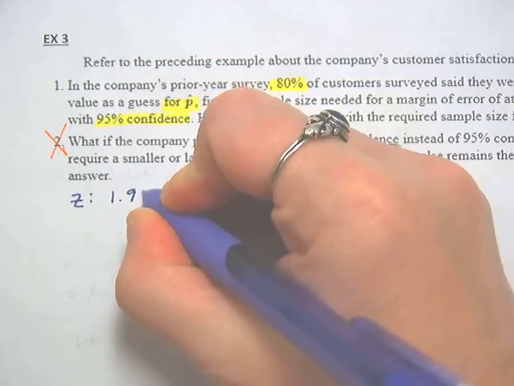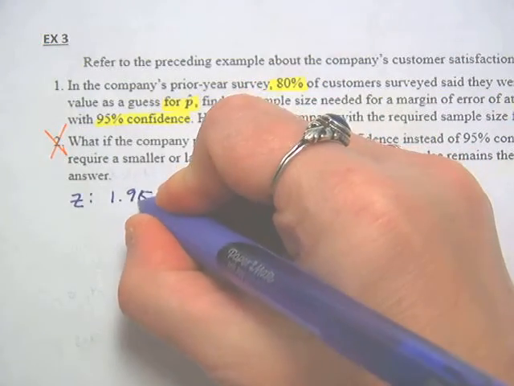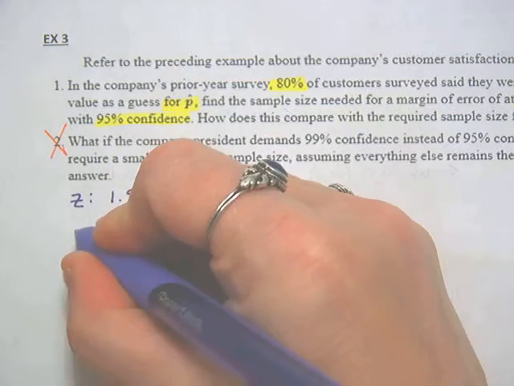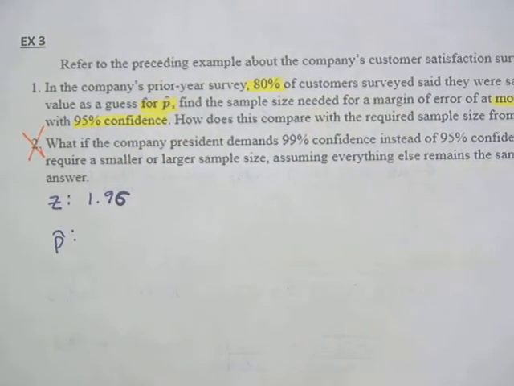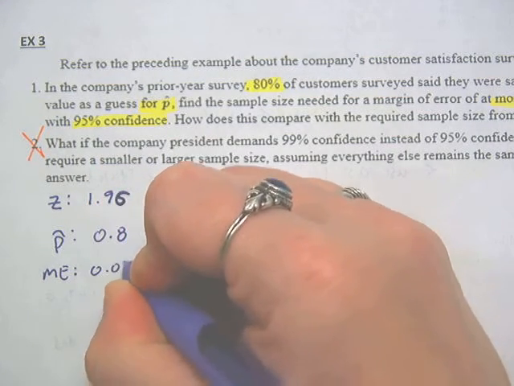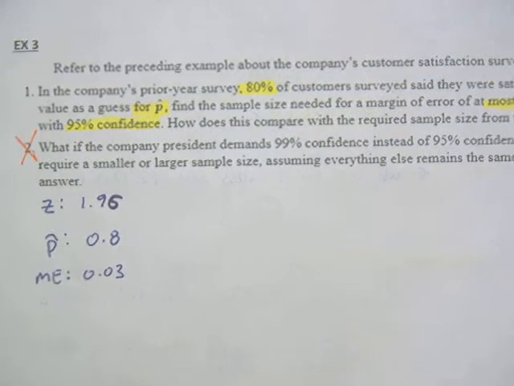So we've still got that 95% confidence level, 1.96 for Z. It's just saying use last year's p hat, 0.8, because we have something to go off of. And then margin of error is still within 3 percentage points.